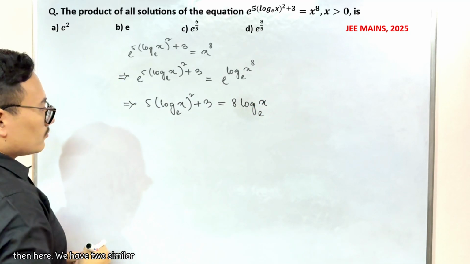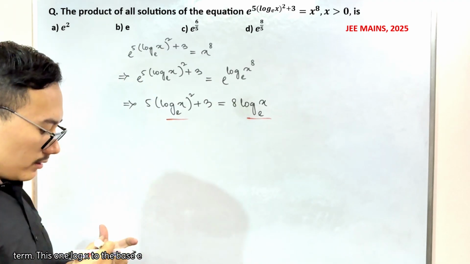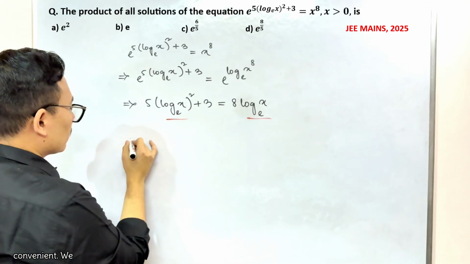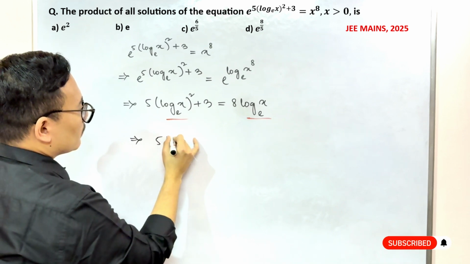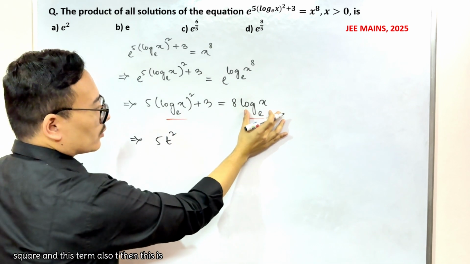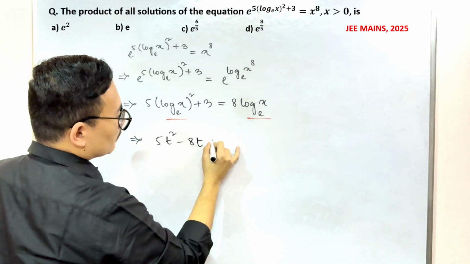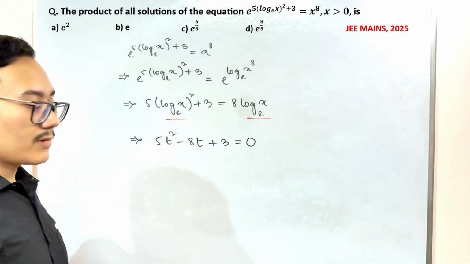Then here we have two similar terms, log x to the base e. So for our convenience, we can put this as 5 t square, and this term also t, then this is minus 8 t plus 3, which is equal to 0, right?